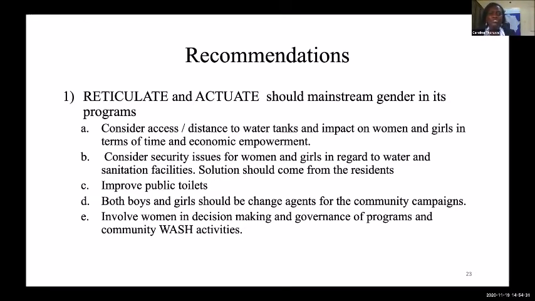But when it comes to water and sanitation, we need to consider aspects of distance and their impact on women and girls, and consider security issues. Women are usually scared when they have to use external toilets, because of issues of gender-based violence. We also need to improve public toilets, ensure that both boys and girls are change agents, and involve more women in decision-making and governance programs.